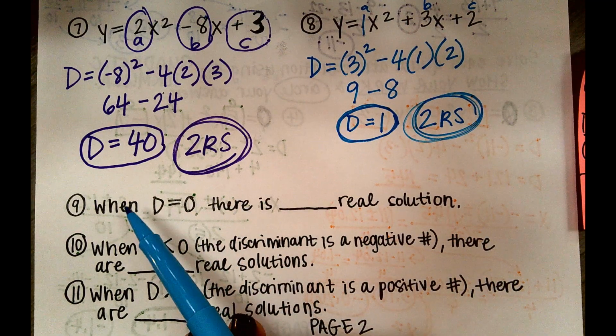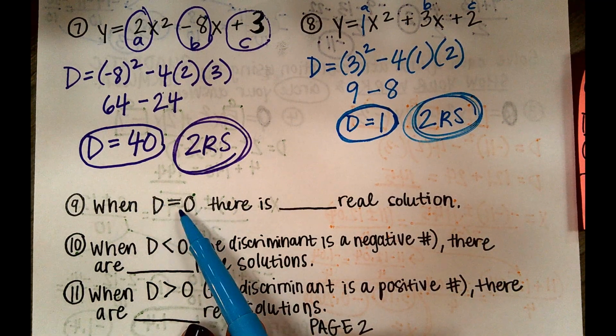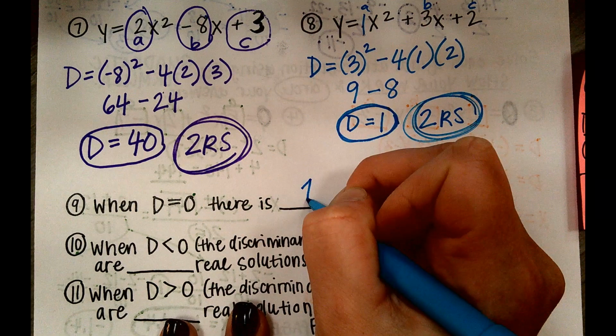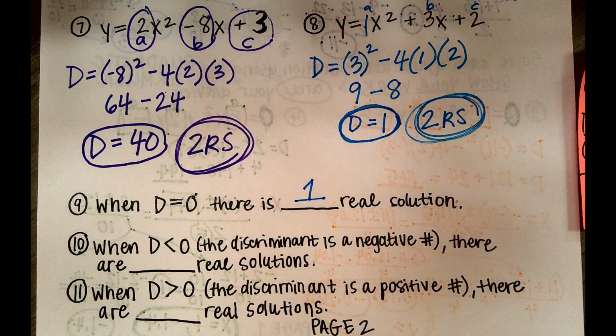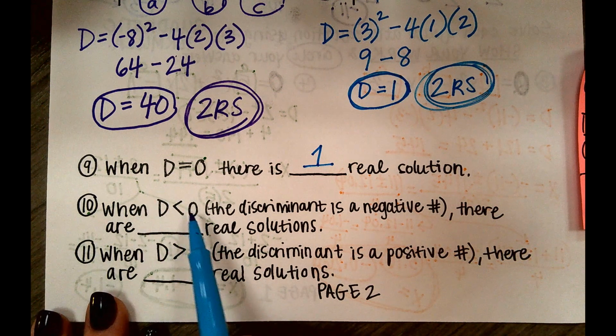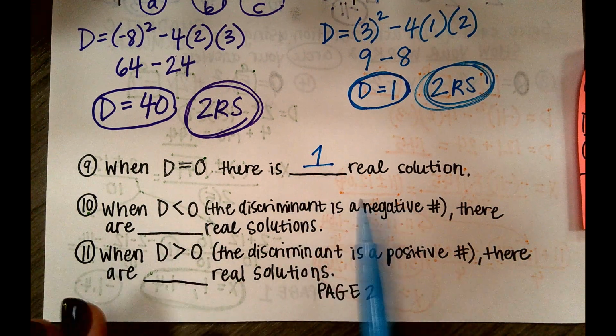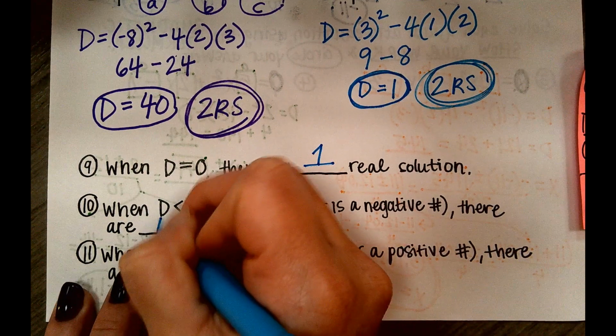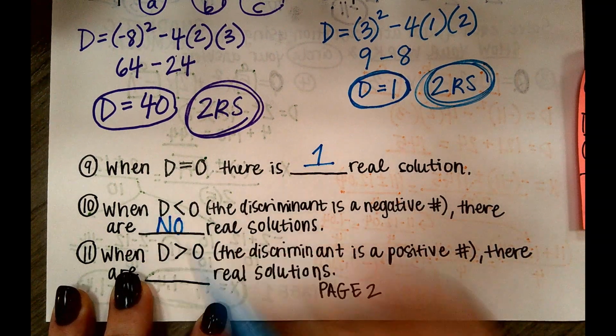Okay, number 9, 10, and 11, we're just filling in the blanks. When the discriminant is 0, there is 1 real solution. When the discriminant is less than 0, or it is a negative number, there are no real solutions, or you could say 0 real solutions.